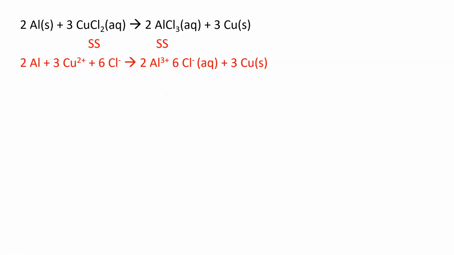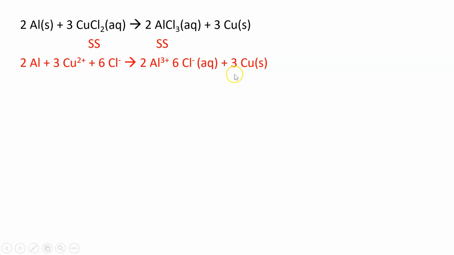The next thing we want to do is make the net ionic equation, which is made by canceling out anything that didn't change. And we're talking about changing charge or other form. So I have aluminum as a solid over here, but it turns into aluminum 3+ over here. That's a change. I can't cancel that out. I have 3 Cu2+ on the left. On the right, I have 3 Cu, no charge. It's now a solid.